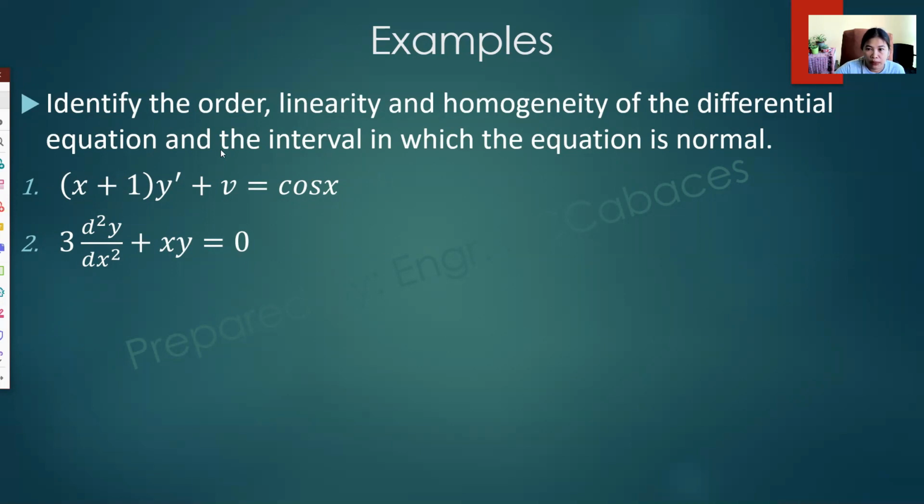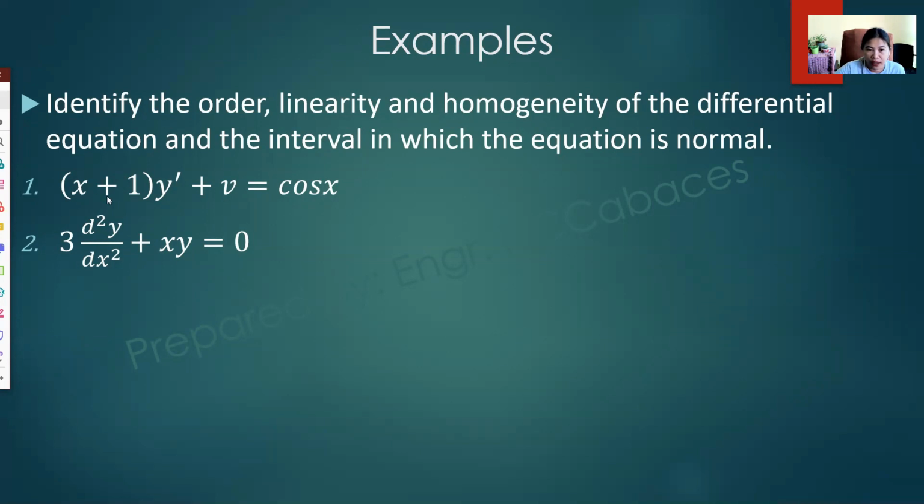Now we go to determining the interval in which the equation is normal. As mentioned in the previous slide, it is said to be normal if b0 of x is not 0. So for number 1, x plus 1 is our b0. Therefore, this will be normal if x plus 1 is not equal to 0, meaning if x is not equal to negative 1.